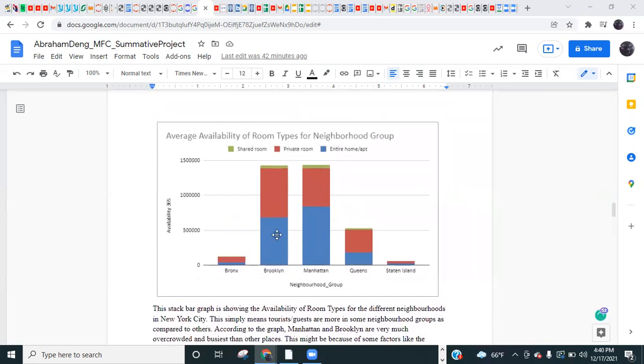When we look at this stack bar here, we realize that there are many neighborhoods that are more overcrowded than the others. Brooklyn and Manhattan have a lot of guests, and we can see that these guests mostly occupied the entire home and private rooms.